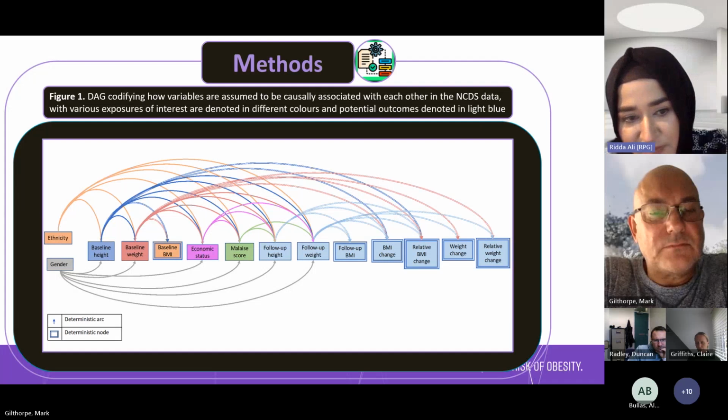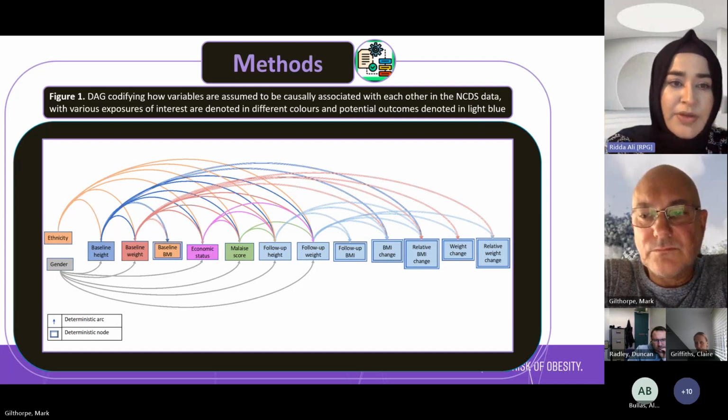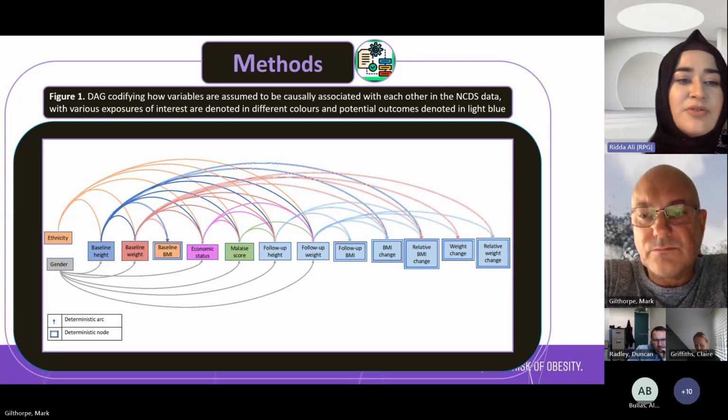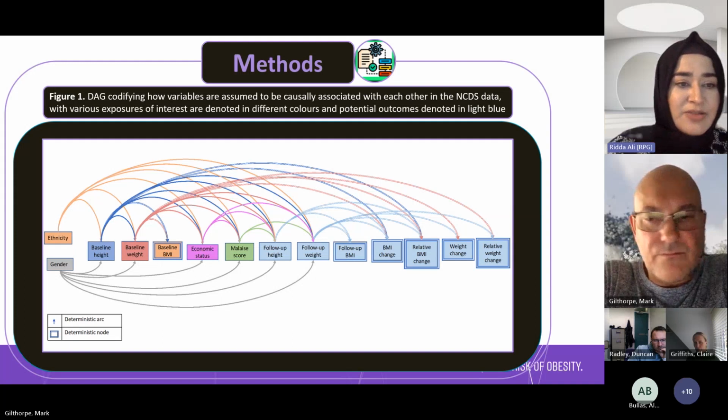This comes before and they come afterwards in terms of the temporal order. If you used the traditional method, you would adjust for the mediator, which is wrong. That's why we need to assess the impact on weight change.